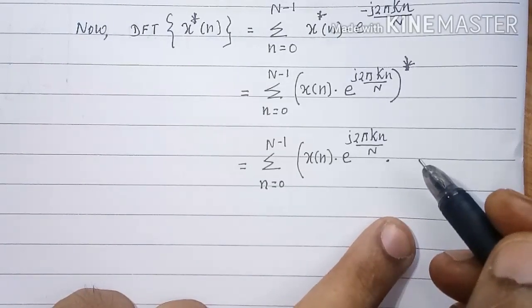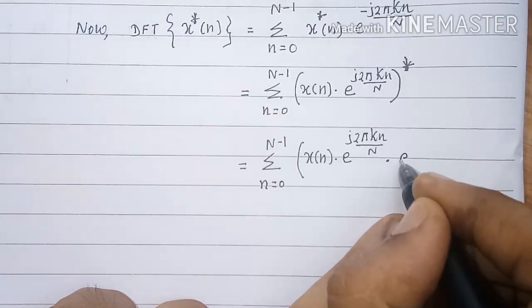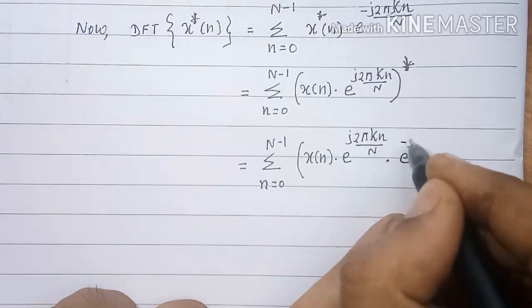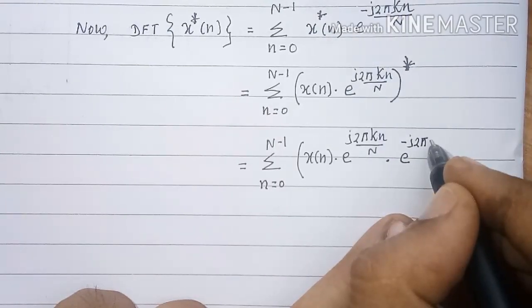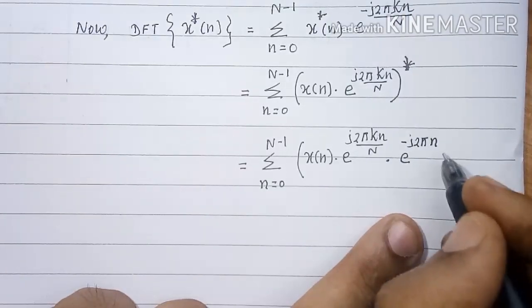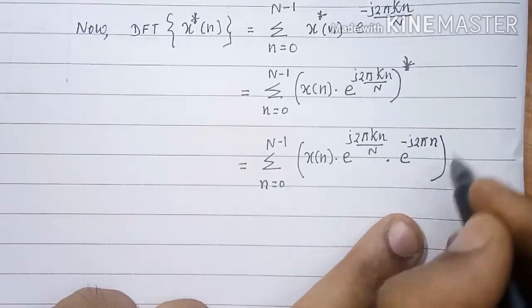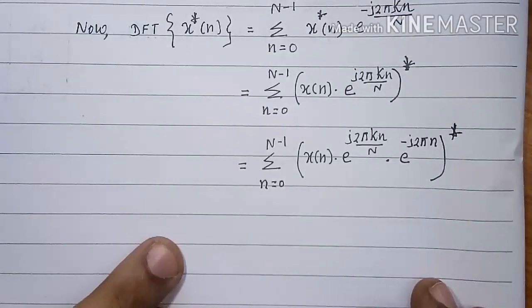And for us, 1 in the form of exponent is e raised to minus j2 pi n whole raised to complex conjugate.